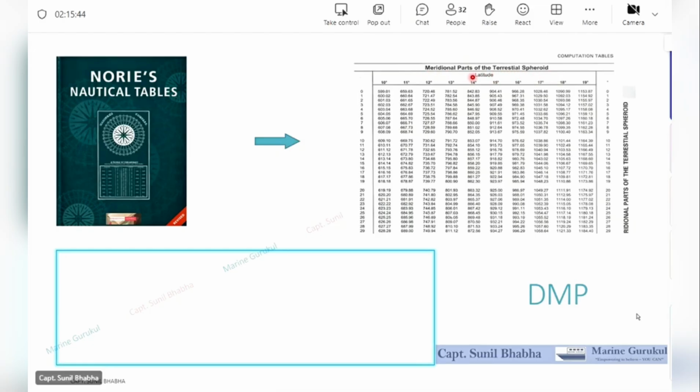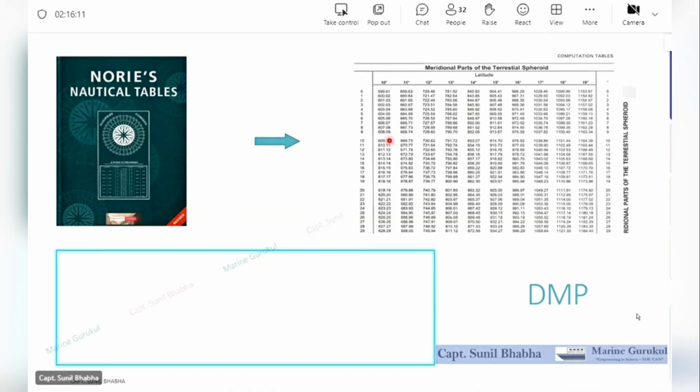Now in this meridional parts table, you can see the latitudes are mentioned on top on the horizontal axis. You have all the degrees of latitudes, and you see the minutes mentioned on the vertical axis. So you enter with the latitude of the place. For any particular latitude, you can see the meridional parts from this table.